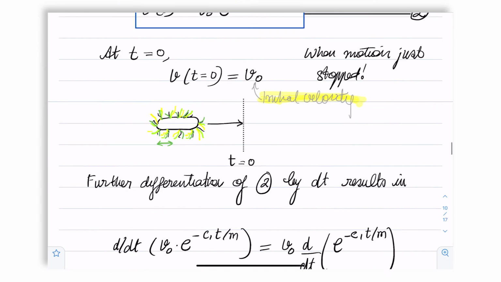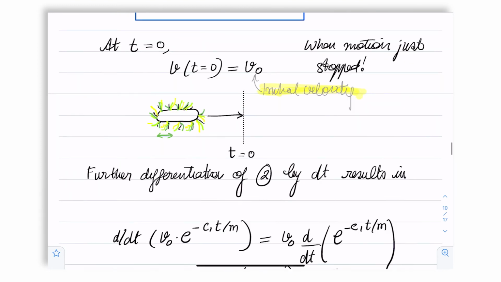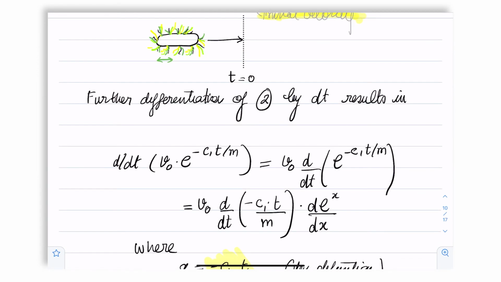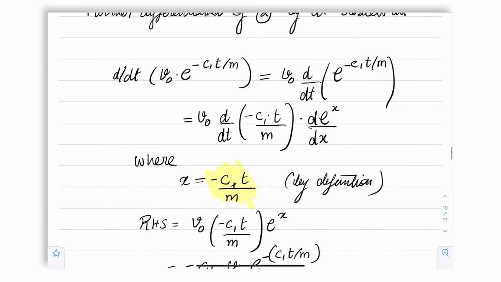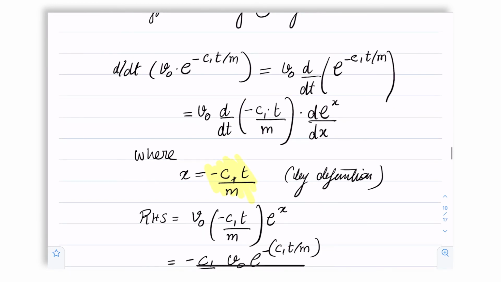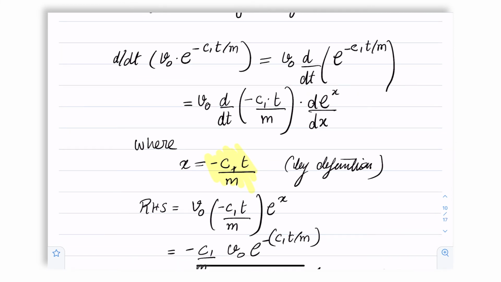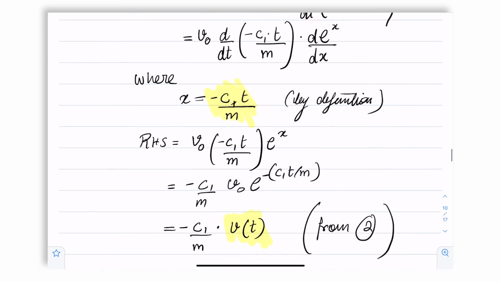Further differentiation of equation 2 by dt results in d by dt of this term and the right hand side, and by doing some arithmetic and defining x is equal to minus c1 t by m, we end up with this expression.